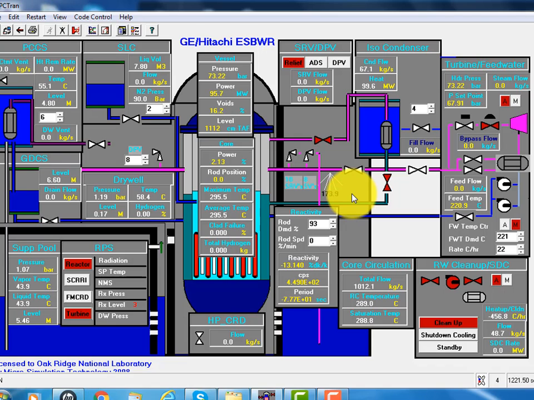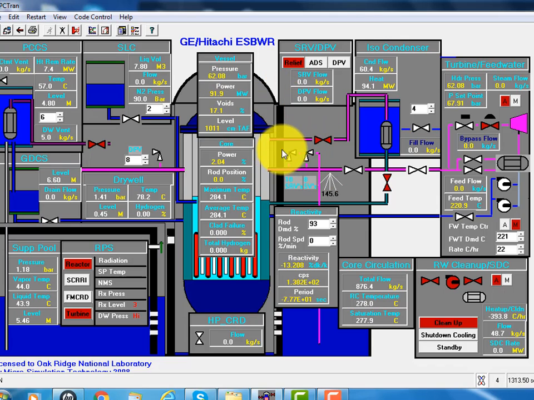As a result, the primary containment dry well pressure, originally atmospheric pressure about 1 bar, now becomes 1.3 bar. All right. And because of the coolant steam loss, the reactor vessel pressure, originally about 70 bar, is now down to 64 bar and continues falling.